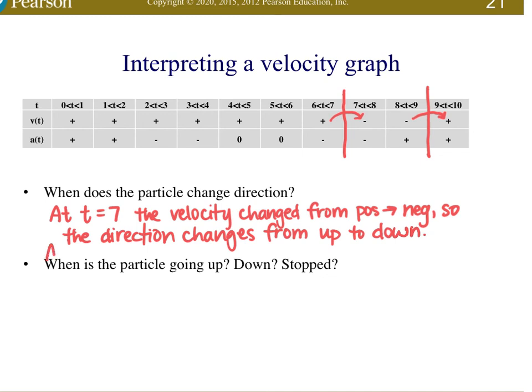I'm going to have to squeeze this in here. At time 9, the velocity changed from negative to positive.